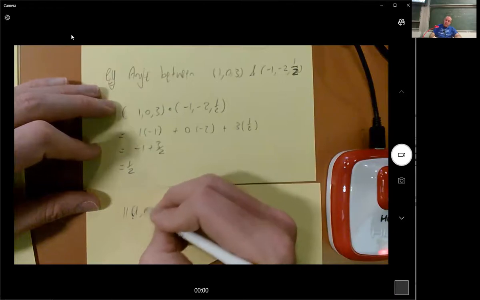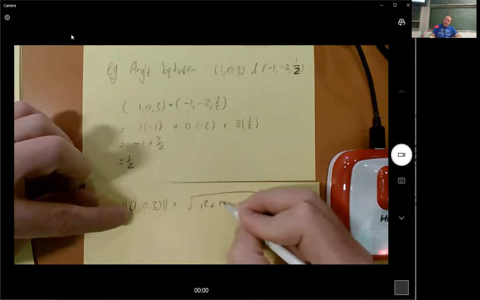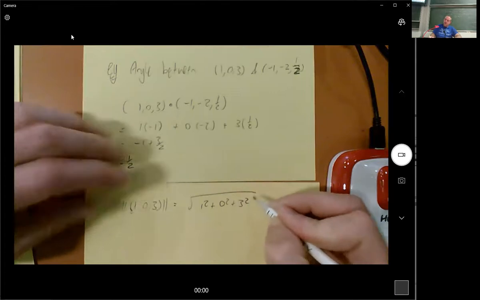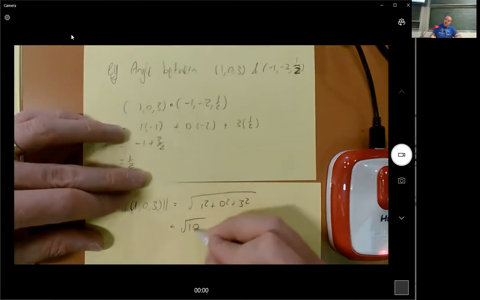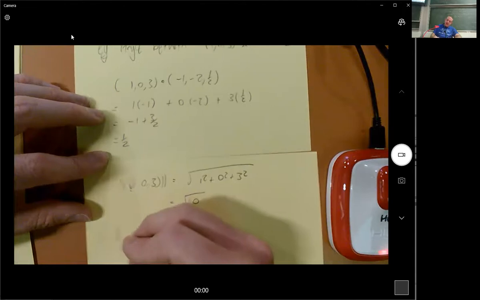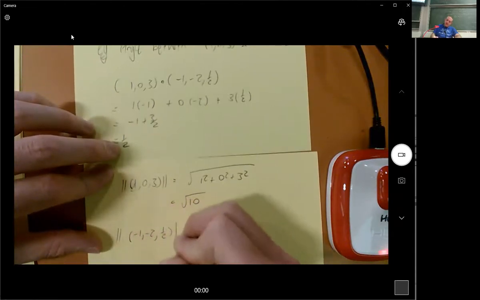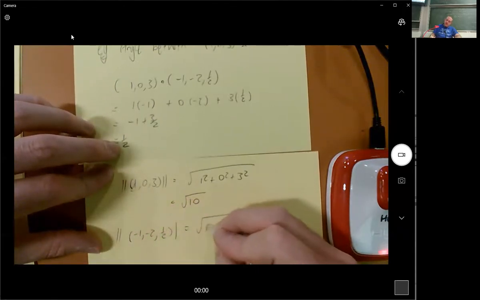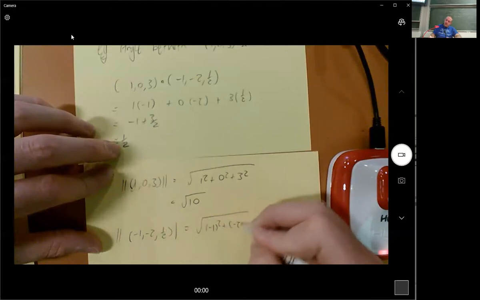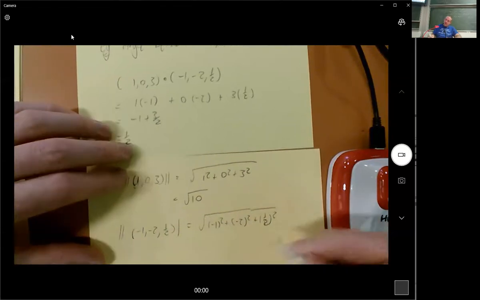So the length of (1, 0, 3) is the square root of 1 squared plus 0 squared plus 3 squared, which is the square root of 10. Not pretty. And the length of this vector would be the square root of minus 1 squared plus minus 2 squared plus a half squared. Oh man.